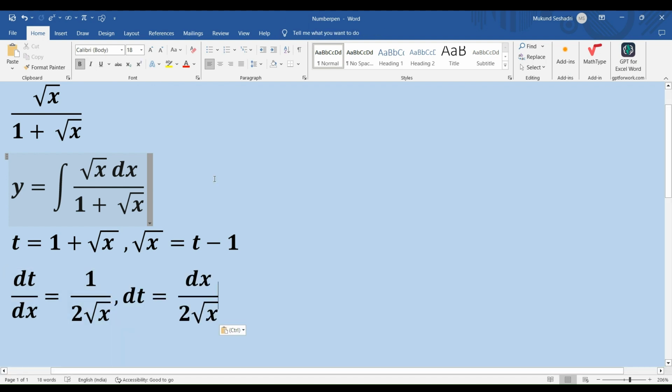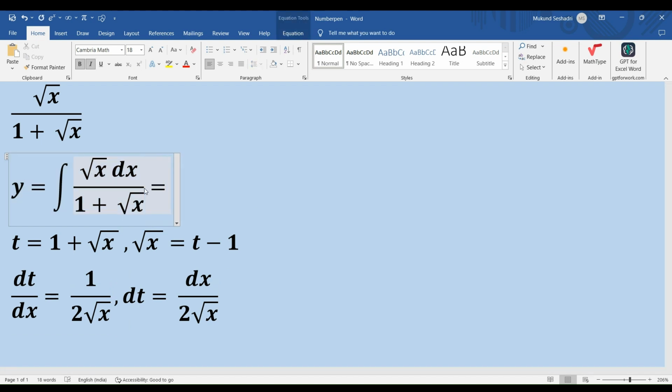So now I go back to my y and see if I can simplify my y with the substitution we have made, right? So I've got integral of root x dx divided by 1 plus root x, right? So what is my root x? My root x is t minus 1, right? I hope you folks are with me. Take a look at the yellow expression I've highlighted. So what is my dx in terms of t, right?